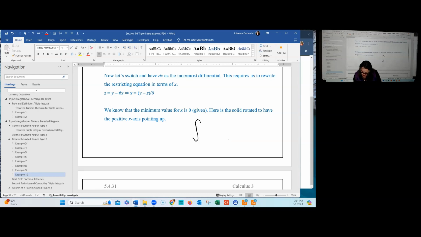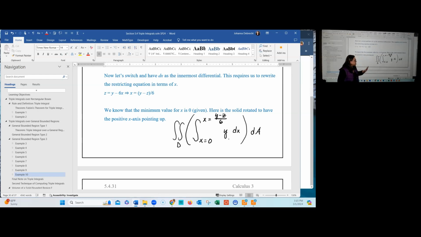So our innermost integral goes from x equals 0 to x equals y minus z divided by 6. Our integrand is y dx. And then on the outside, we have this double integral over the projection into our YZ plane. This is what we got from the first part.